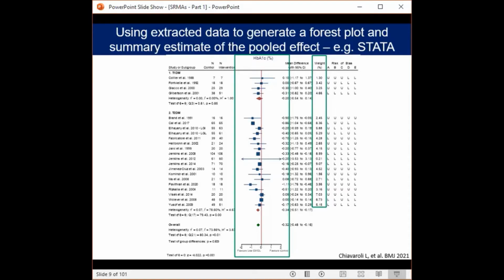This is called inverse variance weighting. So a study with a small variance, which means it's more precise and it's generally a larger study, will get a larger weight in the overall calculated summary estimate compared to a study with a large variance, which is less precise and is usually a smaller study.